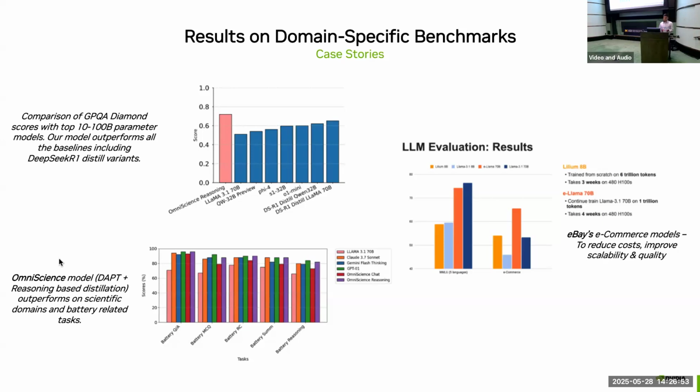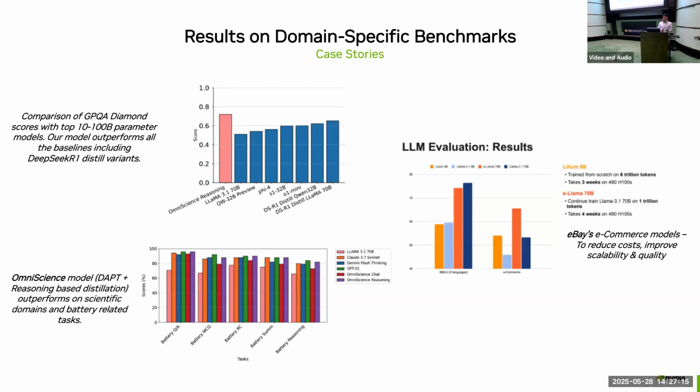Moving on to the bottom left histogram here, this is a comparison of Omniscience reasoning on battery-specific tasks, compared to some of the larger proprietary reasoning models. So we're looking at things like Claude, Gemini, and the GPT family.